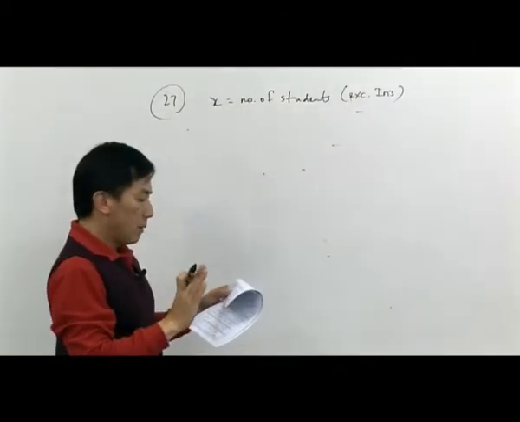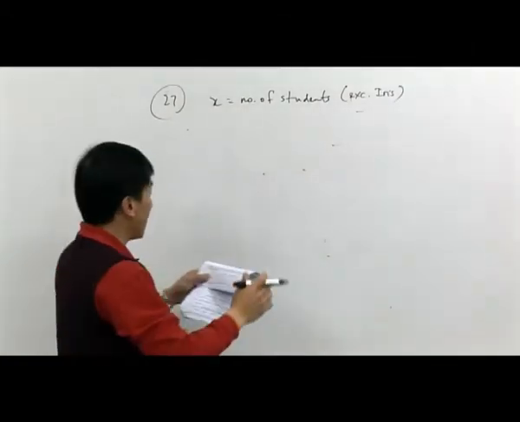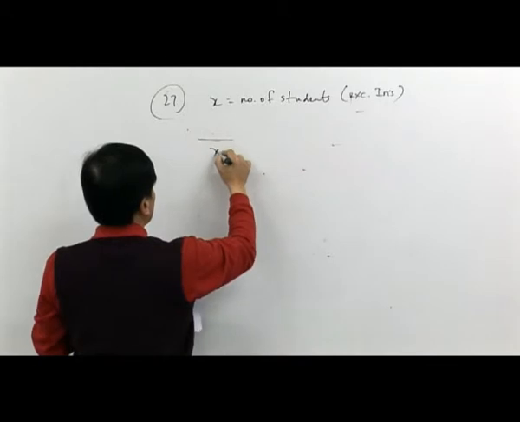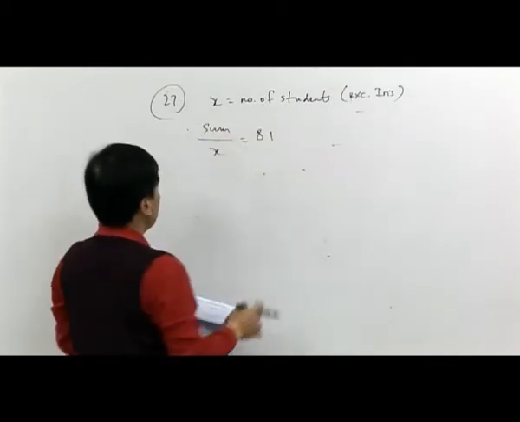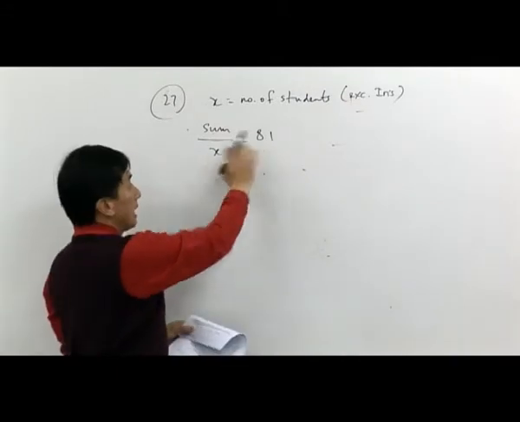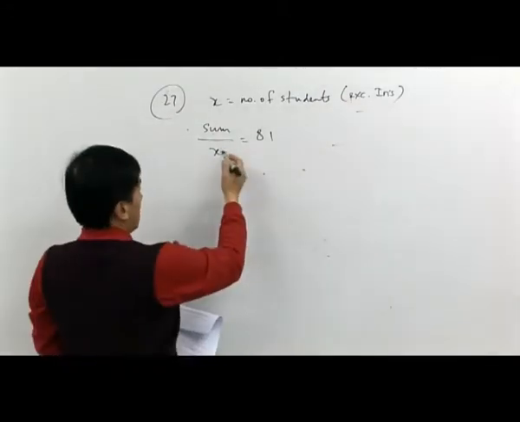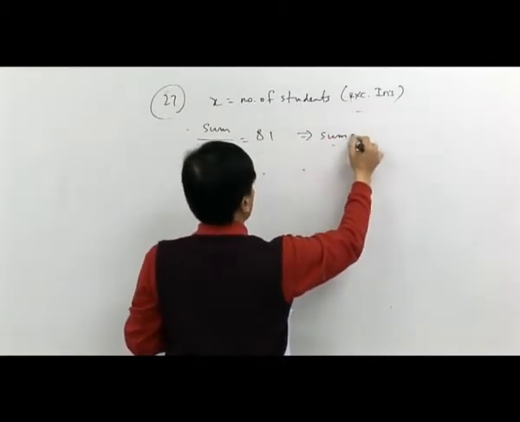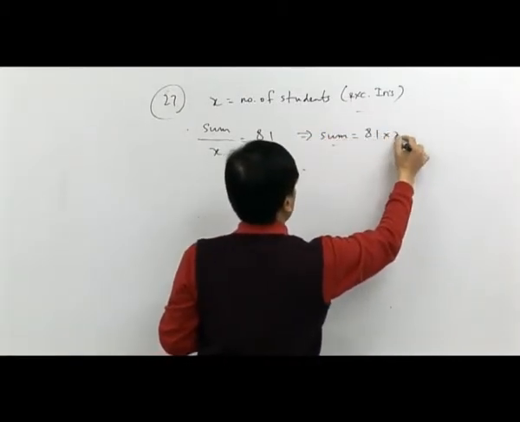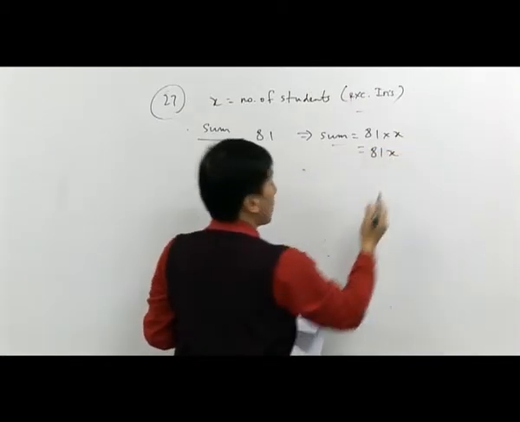So before Iris sat for the exam, the average is 81. So we got x number of students. So this is the sum of their score divided by x number of students, and the average is 81. So we multiply both sides by x. So the sum of the original scores is 81 times x, which is 81x.